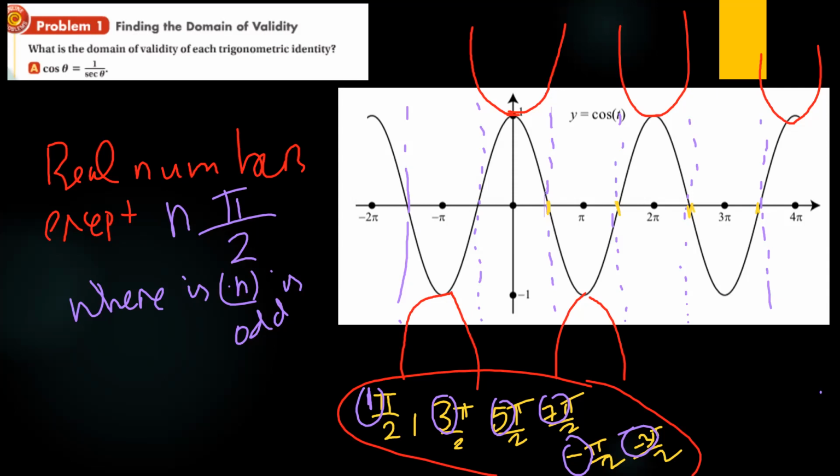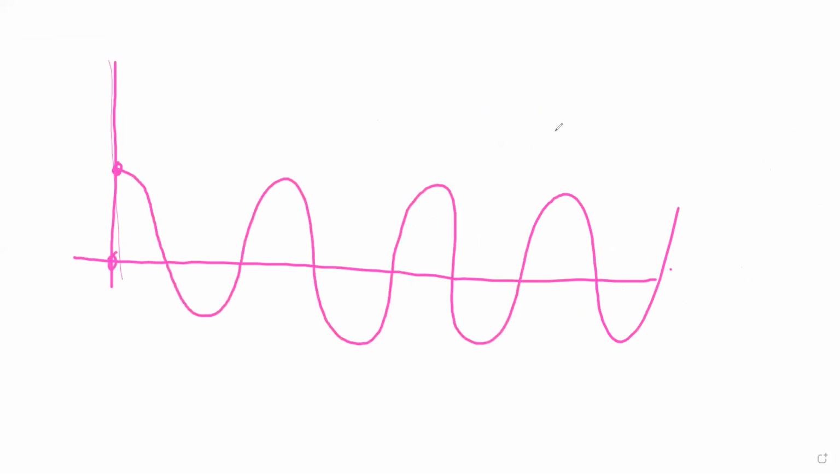So that means you have to know the graph. This is the cosine. It starts from 1. So you ask yourself, here it is 0, here pi over 2, here negative pi.